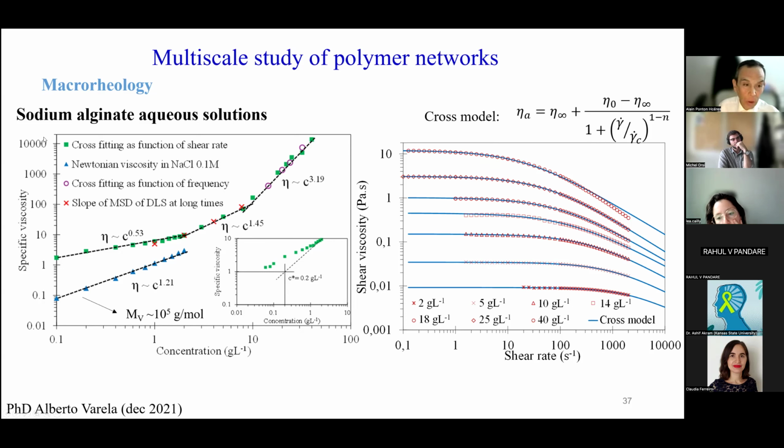So if you plot the viscosity as a function of concentration, classically, you can observe different power law dependence of viscosity with different exponents, corresponding here to polyelectrolyte behavior, and at high concentration, due to the condensation of counter ions, electrostatic repulsions are screened, and here it is typically the behavior of a neutral polymer.